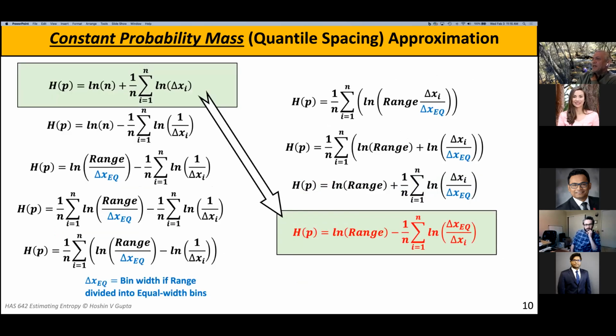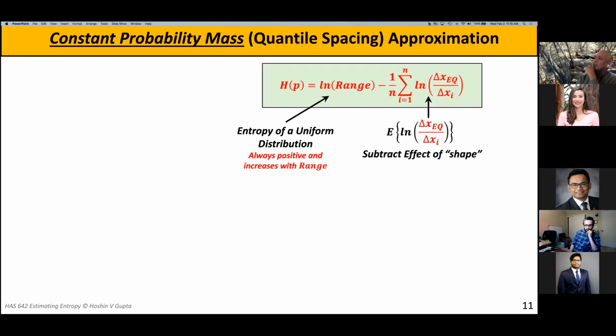And you can go through some math and convert this to this form, which basically says that differential entropy is the log of the range. So if you had a uniform distribution, it's the log of the width of that distribution between the minimum and maximum values, plus the average of the log of the ratio of the bin width, if you assumed constant width spacing, the same number of bins, so equal width bins, to the actual bin width that you're actually using.